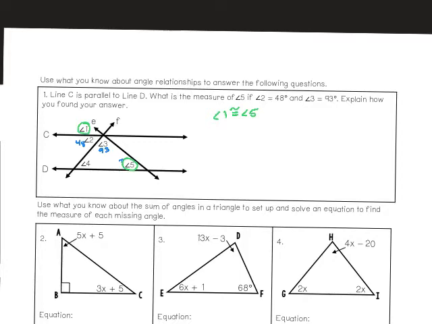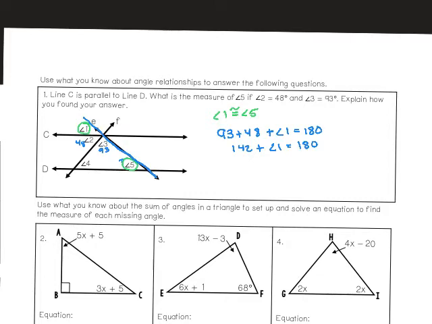So we know that 93 plus 48 plus angle 1, whatever that is, equals 180, right? Because 180 is a straight line. All right, so this is 142 plus angle 1, whatever that measurement is, equals 180.